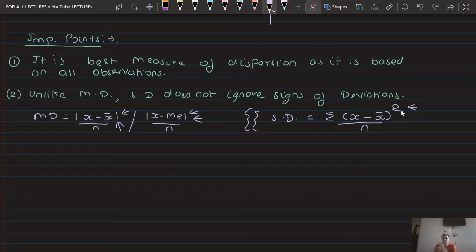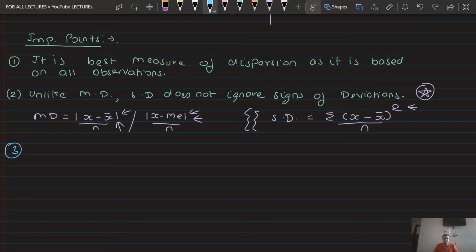That is the basic difference. This is also a point of importance for your MCQ, because they can ask you which measure does not give importance to the signs of the deviations, then the answer will be mean deviation. Is that very clear to you? Yes. So you have to remember it like that. That was your point number 2.